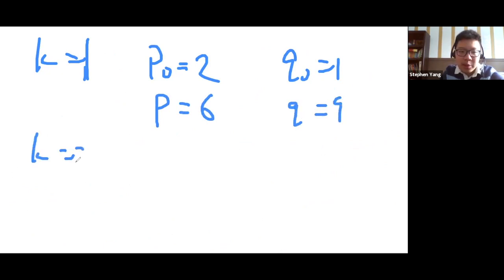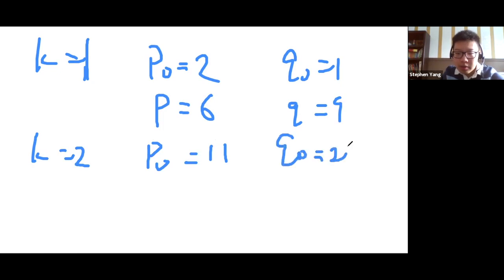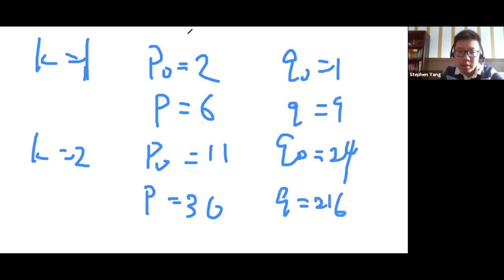When k is equal to 2, that means P0 is equal to 11 and Q0 is equal to 24. And this means that P is equal to 36 and Q is equal to 216. Oh, sorry, this is 33, which is what we had in part A, and so on. If you just continue, you have infinitely many PQs, and that is the proof.